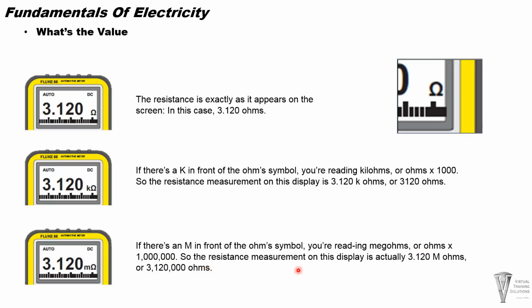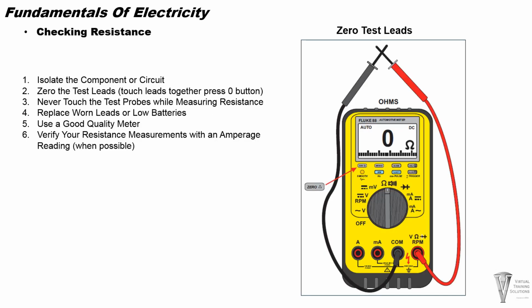If you had your mega ohm setting on and you went to test it, that number would be different. So you want to make sure that you have the correct settings. You should always zero out your leads.